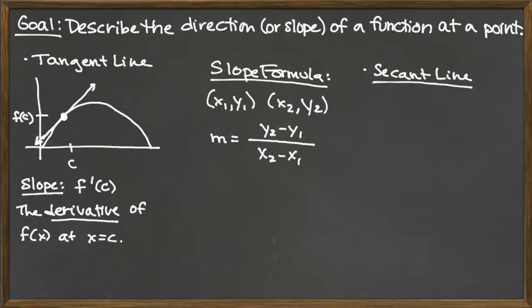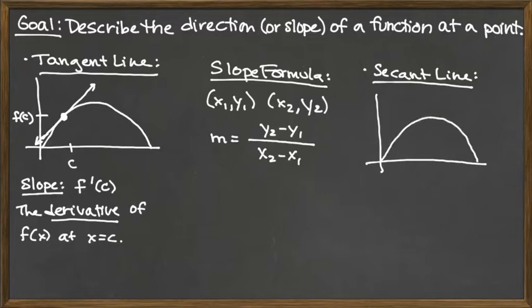Okay. So just like we had a tangent line over here and we looked at the graph, let's take a look at this secant line. Certainly we're still going to have that point c comma f of c that we care about ultimately. But instead of looking at that single point, we're going to go slightly away from that point for a new x value.